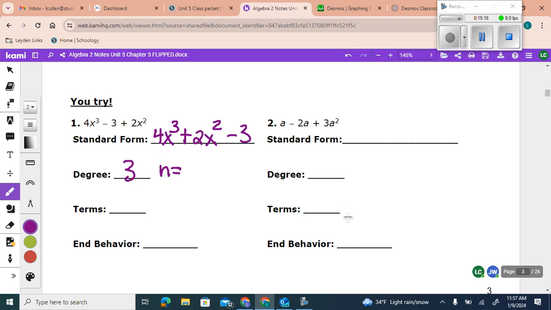So, my n is 3. My degree is odd. There are 3 terms. My a is 4. So my a is positive.